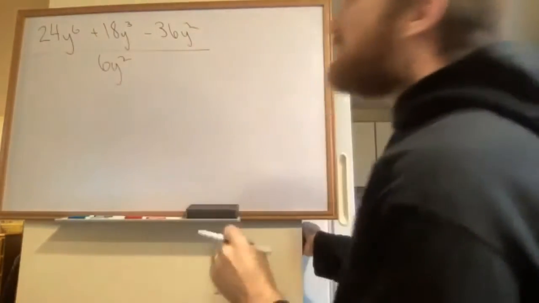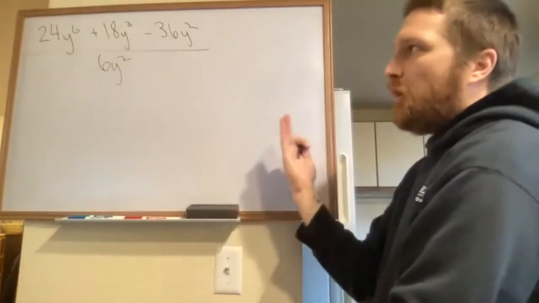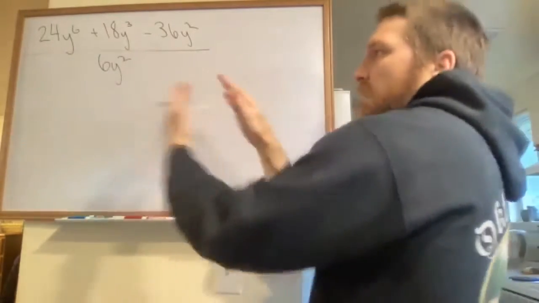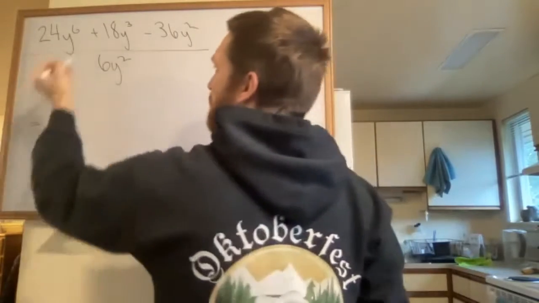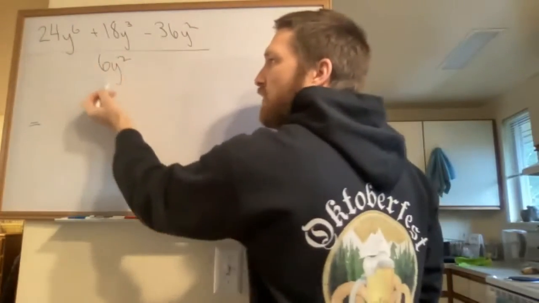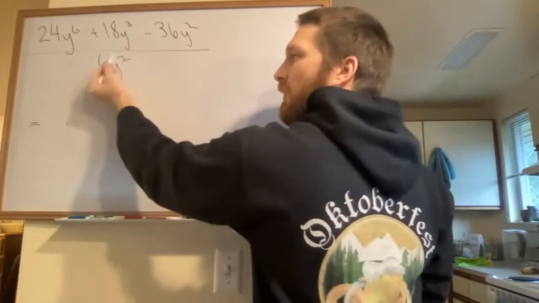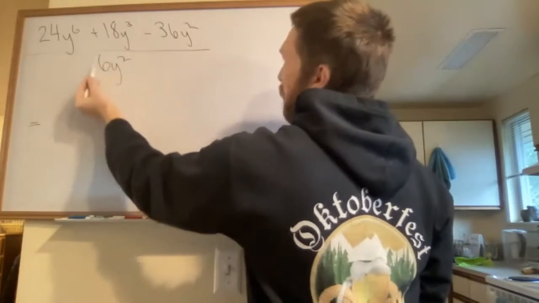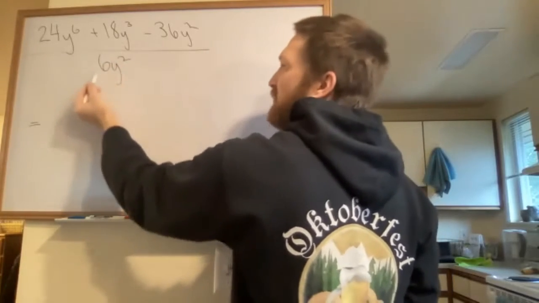In this case, we could just split this up the same way I did earlier when I split up the fraction. And notice, I'm dividing by a polynomial with only one term, right? It's going to be much different when you have more than one term down here. And that's where the polynomial long division is going to come in.